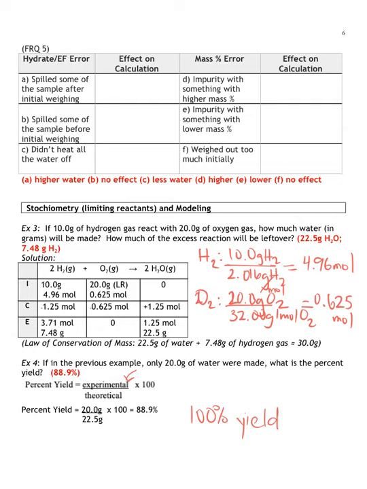We often saw that our yield was less than, or sometimes greater than, 100%, depending on if the solid or the precipitate that formed was a hydrate itself, because it would probably cling to more water from the air. Anyways, I am going to draw a lot of information from last year so that you can recall. But oftentimes the discrepancy in this yield is due to some kind of lab error of some sort. Okay?